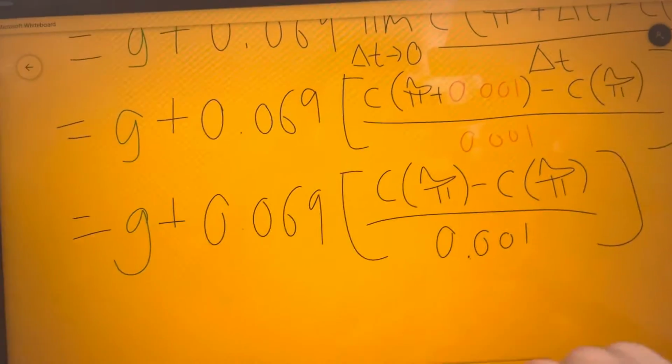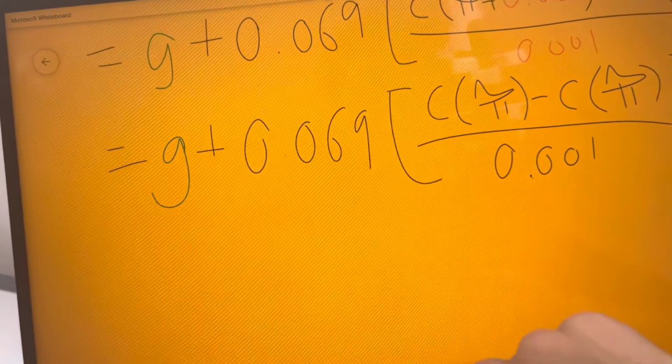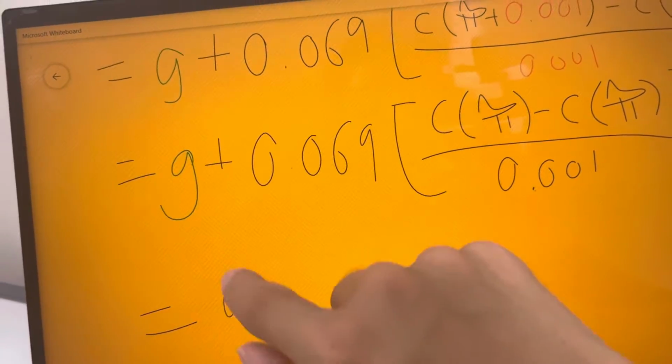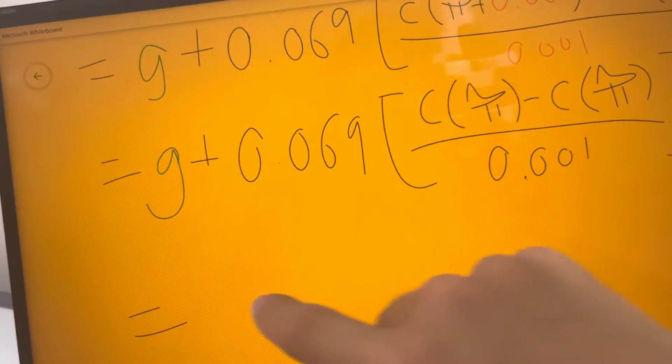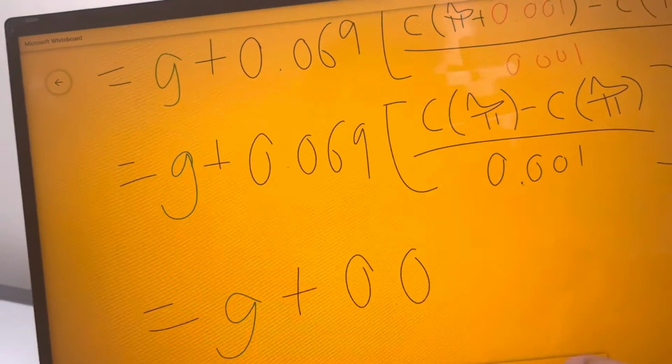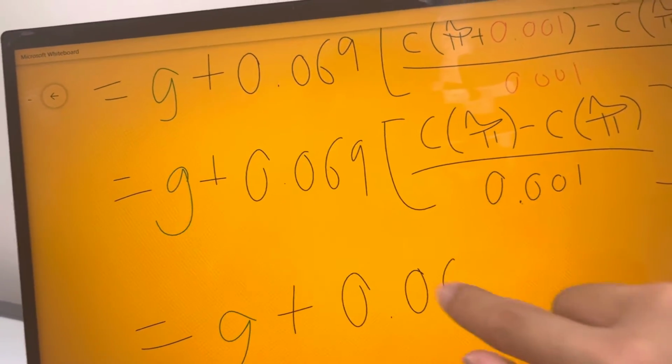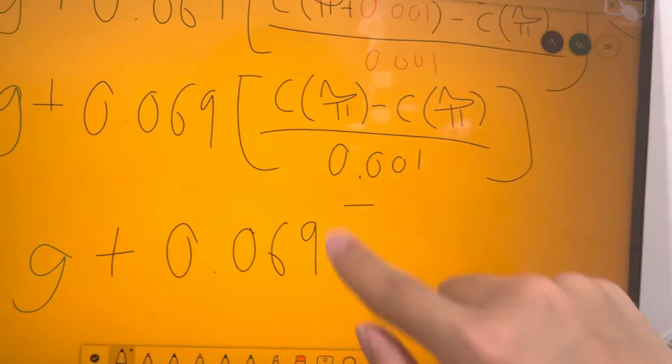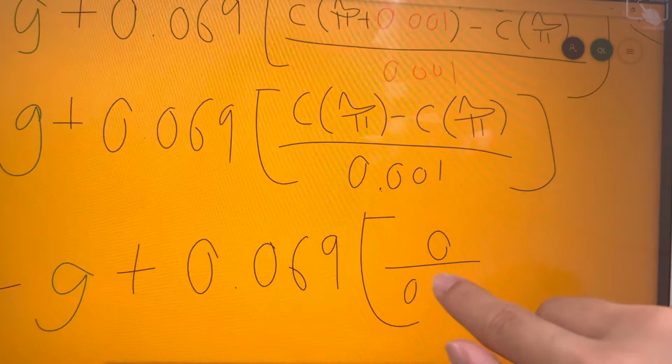And we know that 0 divided by 0.01. So I'm just gonna write this down. So we know the top, okay. Wrong color. It's green. Okay. 0.069. We know the top is just 0 and the bottom is 0.001.